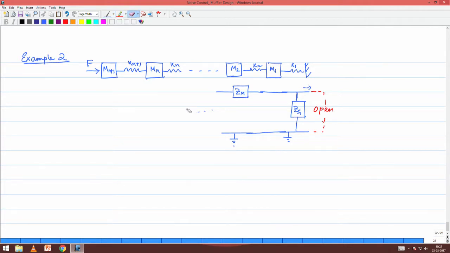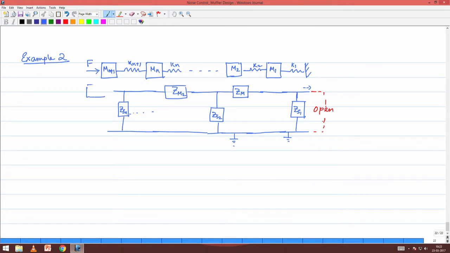For the next spring mass system we will have another ZS2 and another ZM2, and so on. This will keep happening till the nth level, wherein we will have an impedance in the shunt position with the value of ZSN, and the inline impedance would be ZMN.